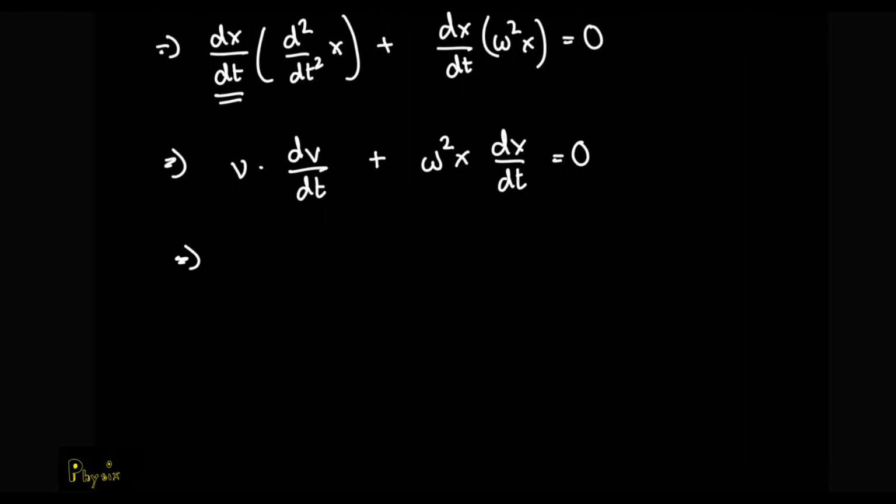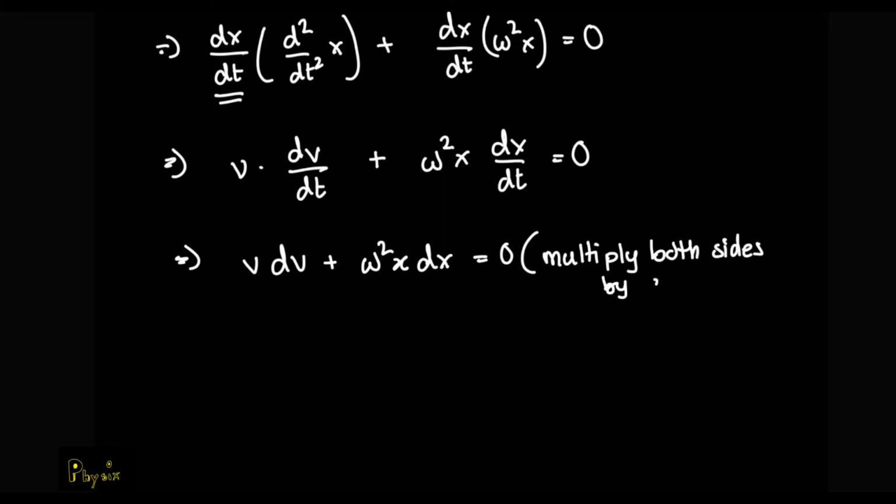Now, if we multiply both sides with dt, we are basically left with this equation over here.